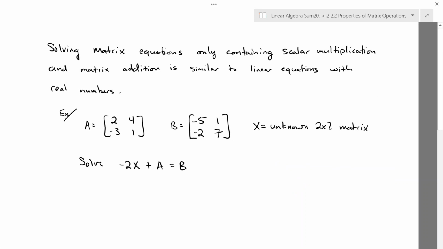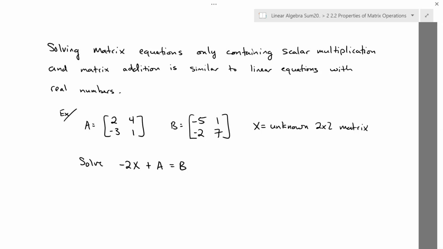Since the operations of scalar multiplication and matrix addition behave basically the same as what we're used to with real numbers, we can solve linear equations involving these two operations, again similar to what we're used to when dealing with real numbers.